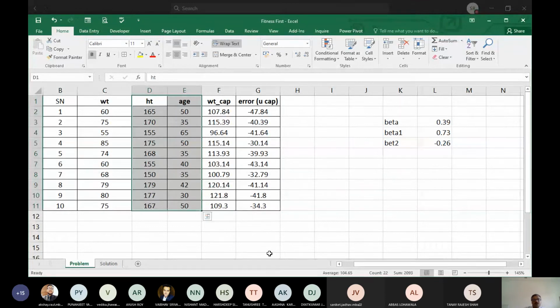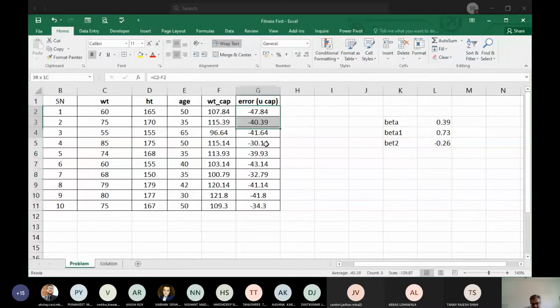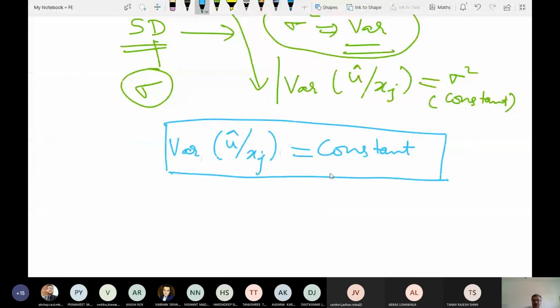When I say xj, collectively I'm representing x1 and x2. So this is the error term. The variance of this conditional on the independent variables should be constant. I can't show you that, but the concept is clear that the conditional variance of the error term should be constant. But that needs to be tested.